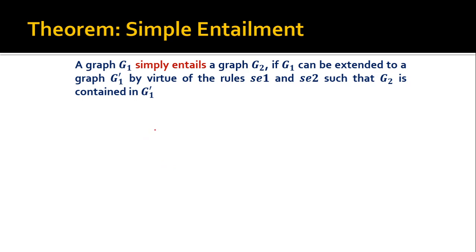So this is the theorem that is related to the simple entailment. When we are talking about entailment, we are dealing with graphs, right? And all these theorems are related to graphs, right? Now I say that a graph G1 simply entails a graph G2 when you can extend G1 to something called G1 prime by using the rules SC1 and SC2, which are the rules for simple entailment, and as a result you get G2, right?